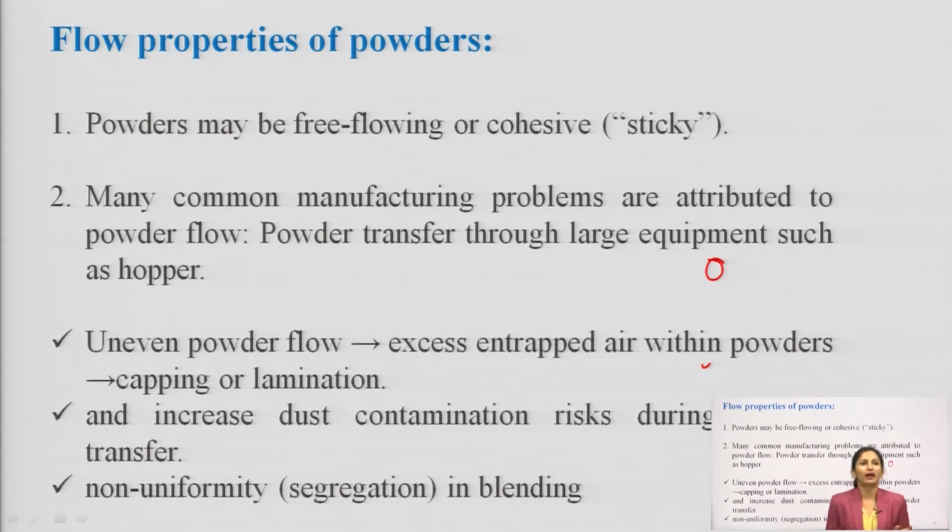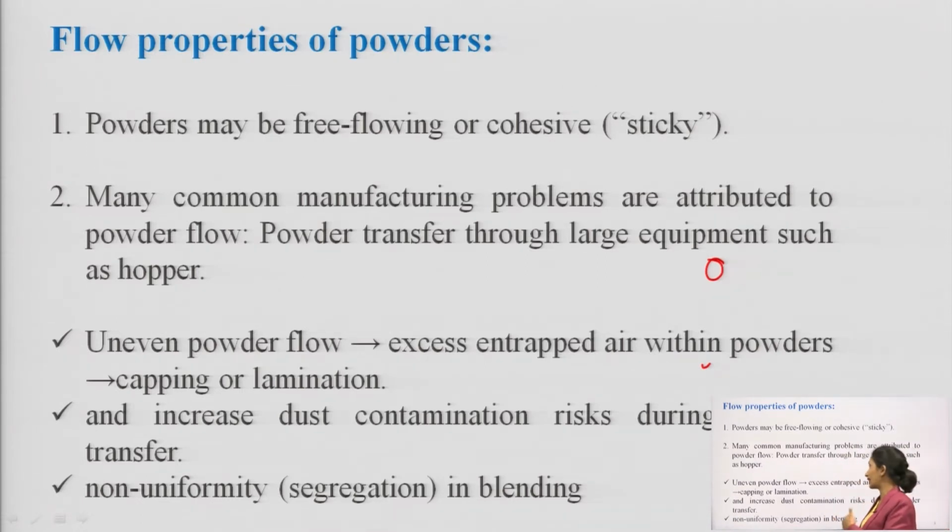Many common manufacturing problems are attributed to powder flow, that is, the powder transfer through large equipment such as a hopper. If the powder flow is uneven, then excess entrapment of air within the powder may lead to capping or lamination.